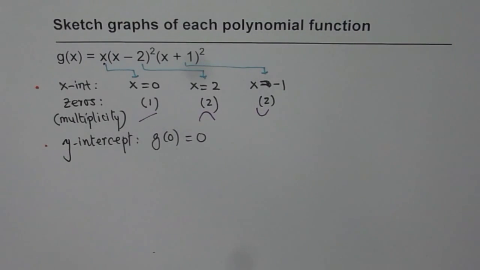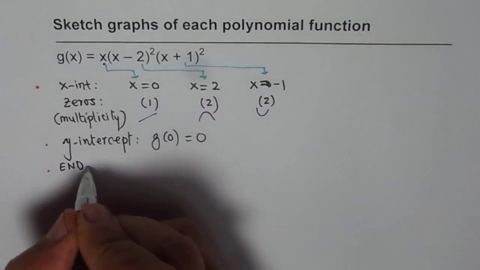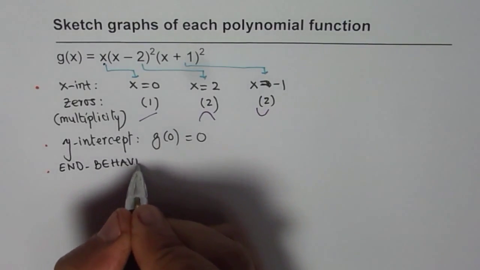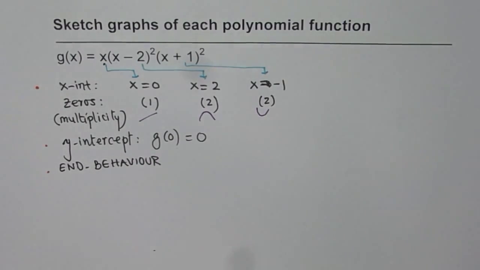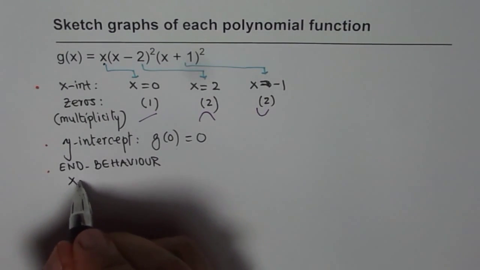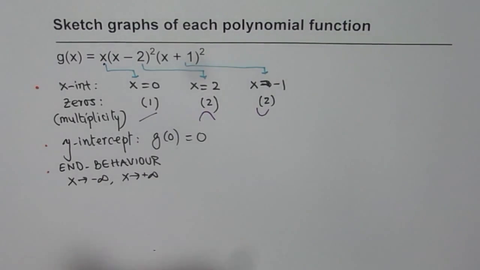Correct. Now the next step before sketching is end behavior. Let me write in capitals. Very critical. End behavior is what happens to the function when x approaches negative infinity and when x approaches positive infinity.